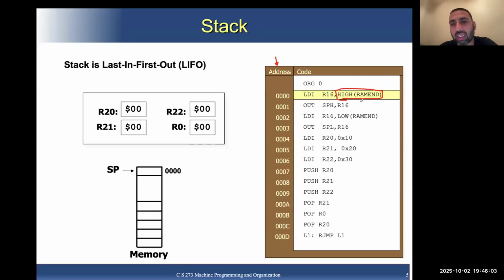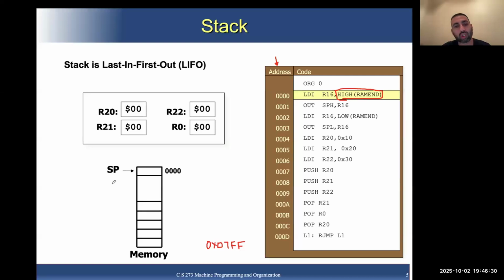But here what we are basically saying is, load the high byte of the last address of the RAM or data memory in R16. So for example, remember I told you what the address was in our case? The address was 0x07FF. That is the 16-bit address, right?